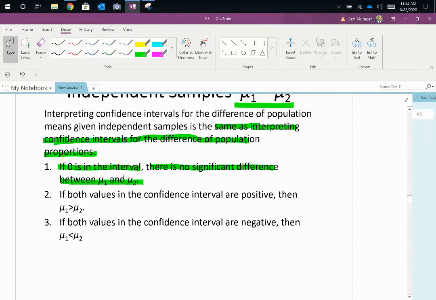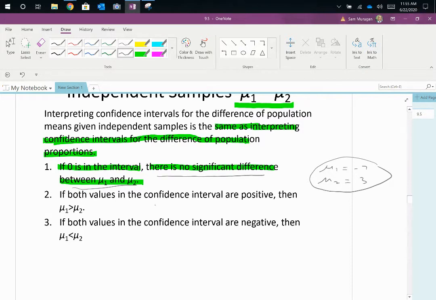If 0 is inside of that interval, let's say it's between -7 and 3, 0 is in that interval because 0 is a number between -7 and 3. There is no significant difference between the two.